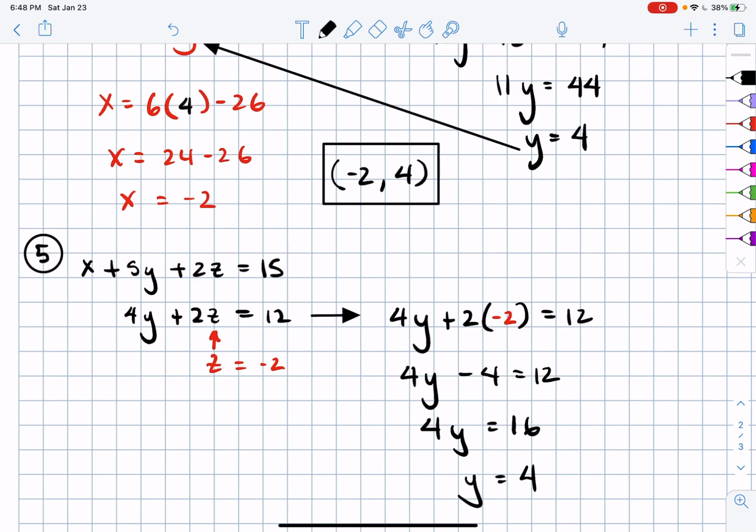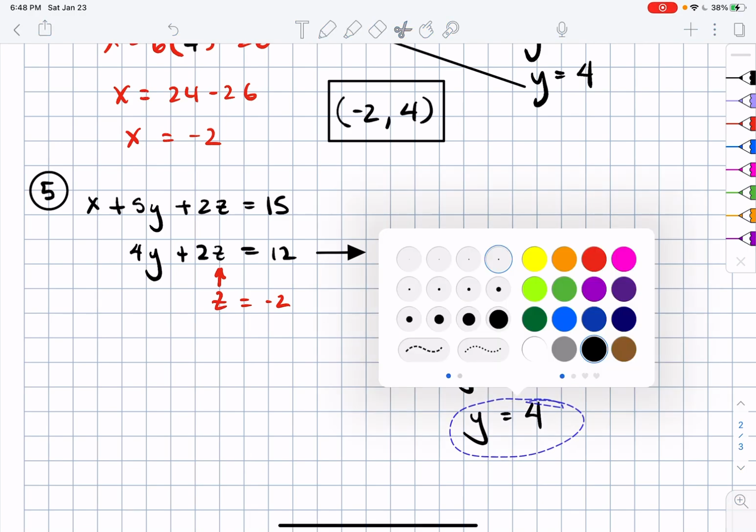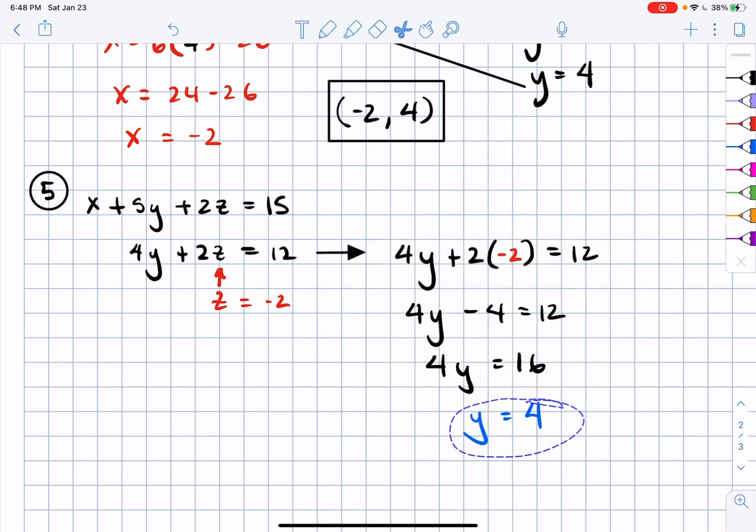So now I got 2 answers, right? Now what I'm going to do is take both of these and plug them into the original equation, okay? So now I'm going to take this right here.